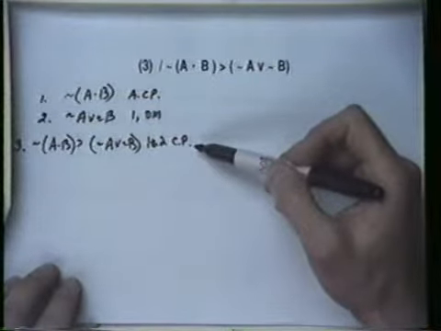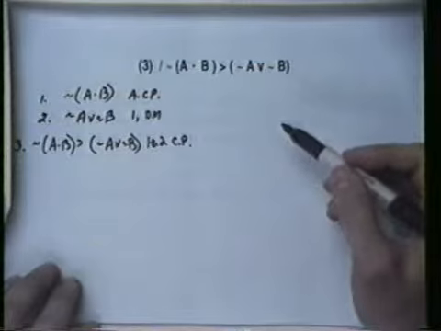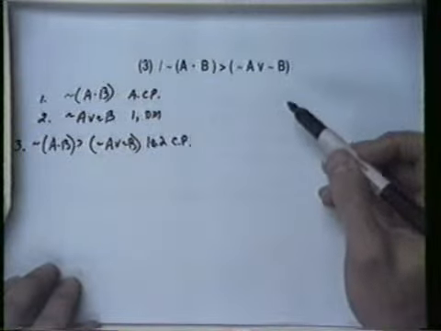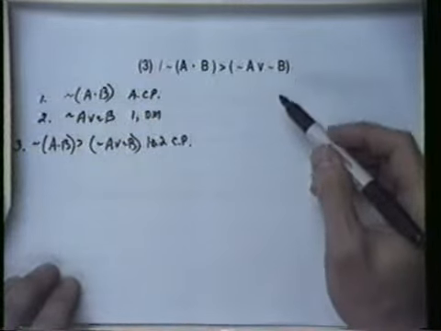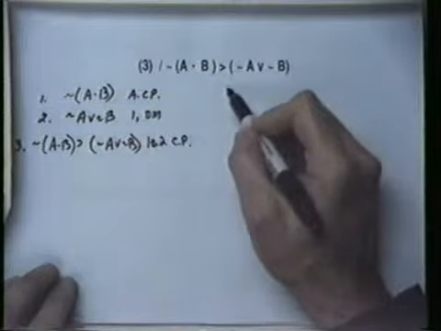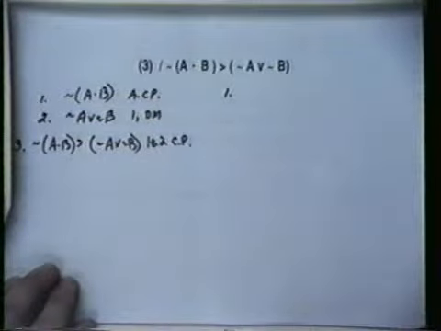But now, just to illuminate how indirect proof will work on these tautologies, let's work out number 3 alternatively by taking an indirect proof assumption.